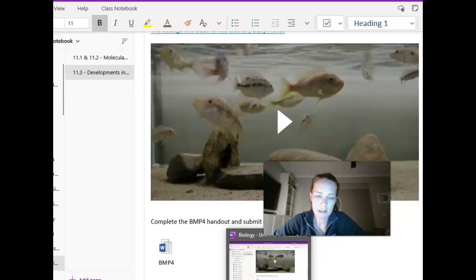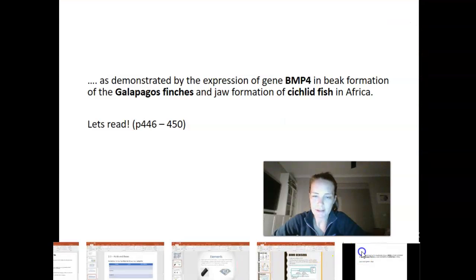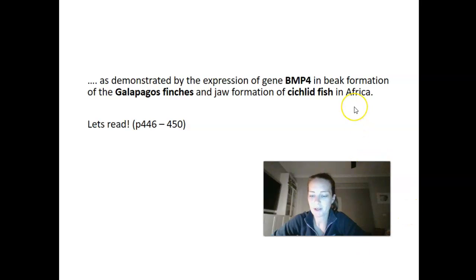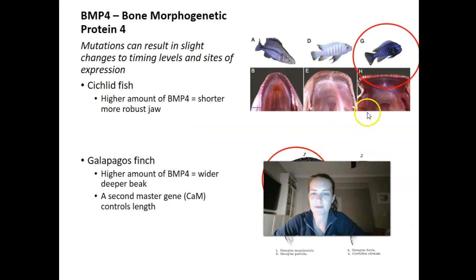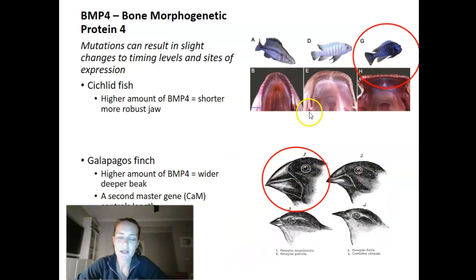But the conundrum that scientists were faced with when observing the cichlid fish and the finches is that after their points of divergence, so after these fish had established themselves as their own separate species, their own little groups, they seem to be evolving similar features separately.